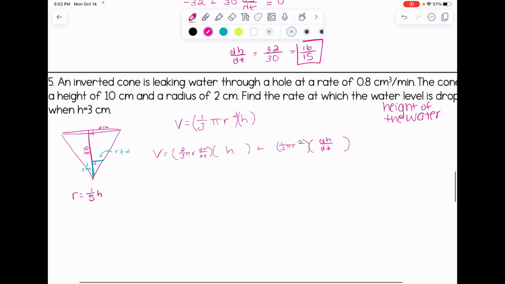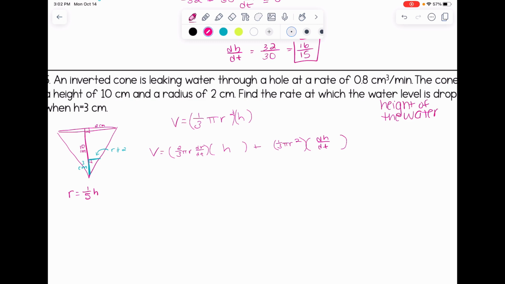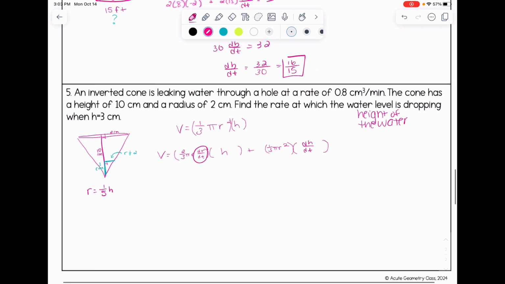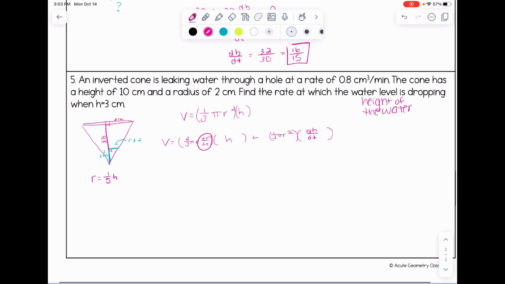In this problem, we have a little bit of an issue because we're trying to find the rate at which the water level is dropping. That's basically the rate of change of the height. But notice how there's a rate of change of the radius, and if I take a look at this problem, I do not have any value to substitute in there. So this method is not going to work because I'm going to get stuck and have too many variables. And by the way, this should be dV/dt over here.